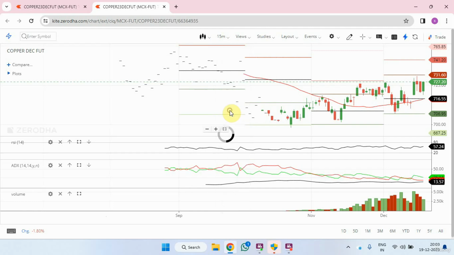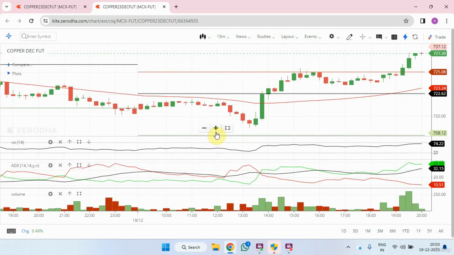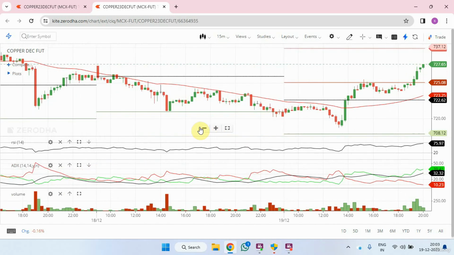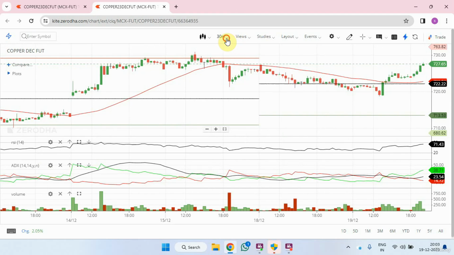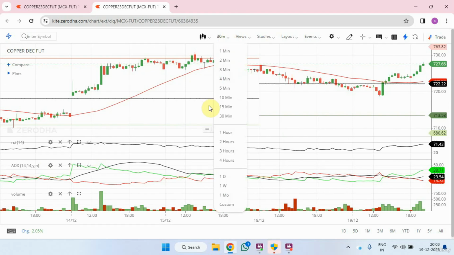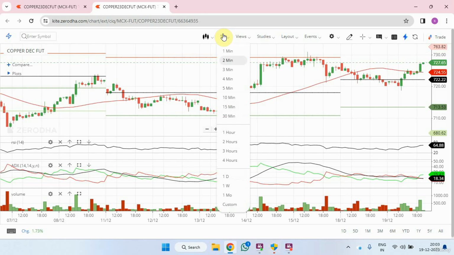Let me show you on 15 minutes also. The 15 minute chart is showing 737, and on the 30 minute time frame it is 730. So what I feel, on the 30 minute and 1 hour time frame, at least today this should touch 730, and we are seeing 730 as a resistance for today.